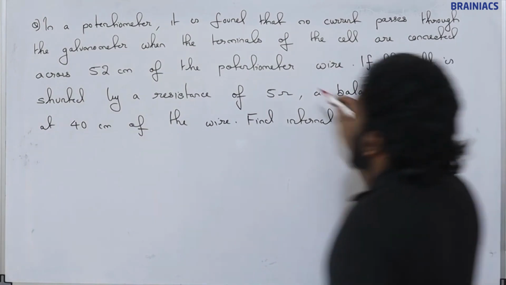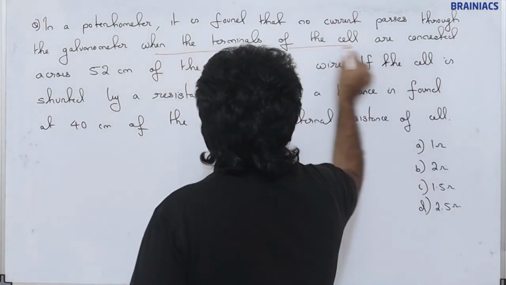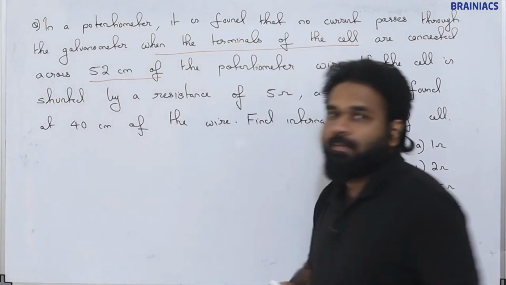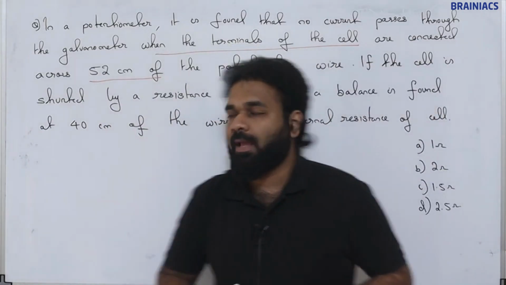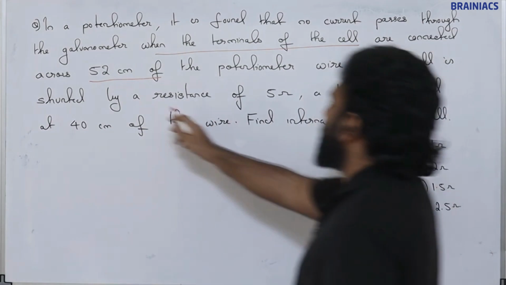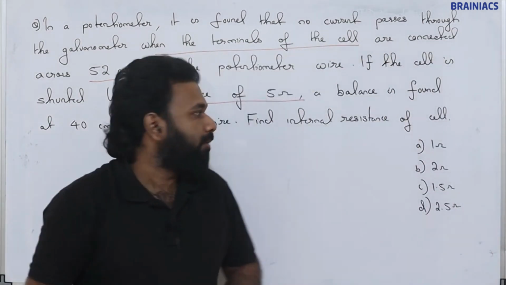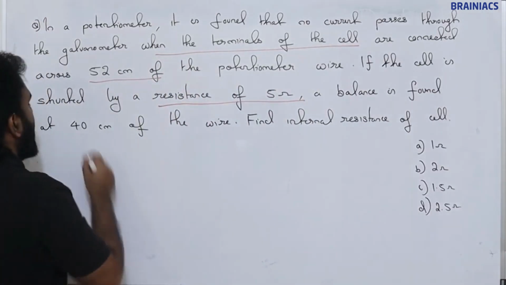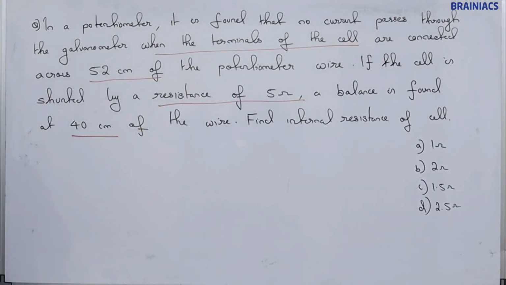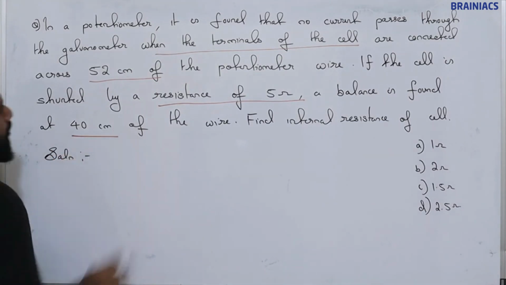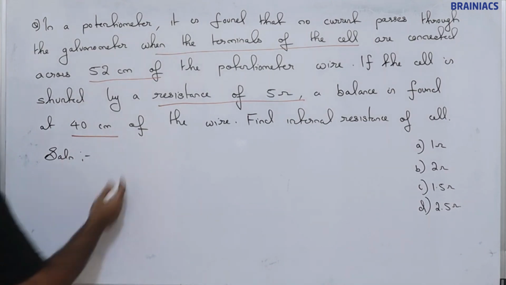So when the terminals of the cell are connected across 52 centimeter, we got balance, and when a resistance of 5 ohm is connected as shunt, we got balance at 40 centimeter, right? Pause the screen and try to do it yourself. You know the concept, now you can try.